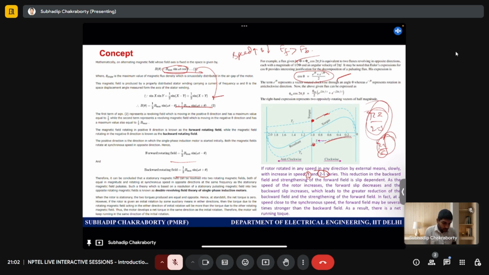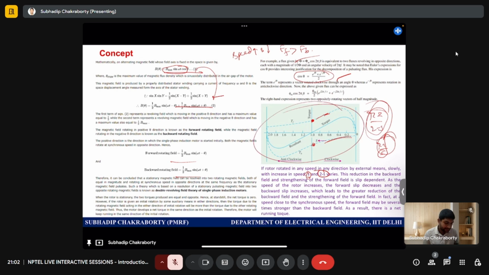Then I showed you that with slip, these field strengths vary as the speed varies, and once I get close to the synchronous speed, the forward field dominates, and then I don't need a starting arrangement. I can just remove that starting arrangement which I created using the space displacement to create the rotating magnetic field. Otherwise the field would have been pulsating and I would not get a starting torque.